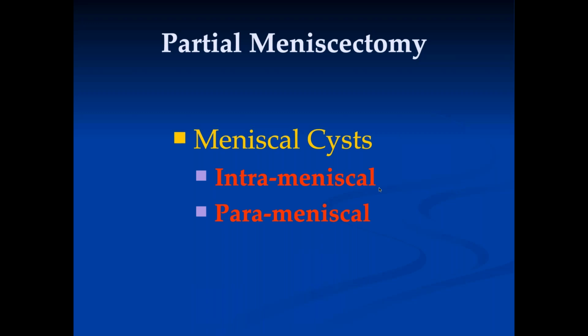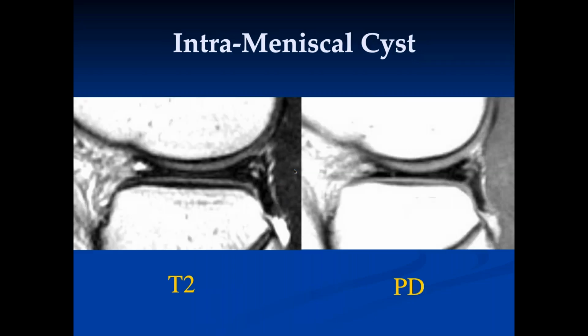So now, along with partial meniscectomy, often a treatment, if you have an intra-meniscal cyst or para-meniscal cyst, they're often treated by partial meniscectomies. We published a paper on about 62 intra and para-meniscal cysts back when I was in Santa Barbara.